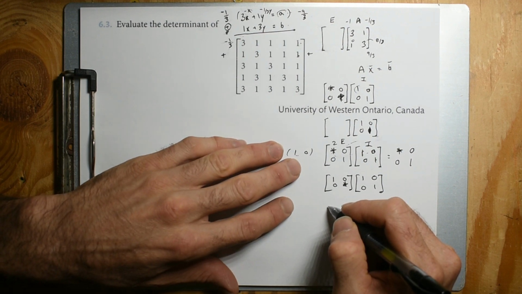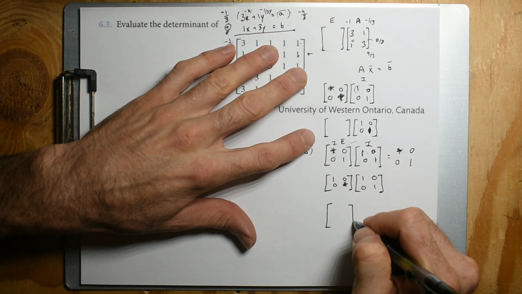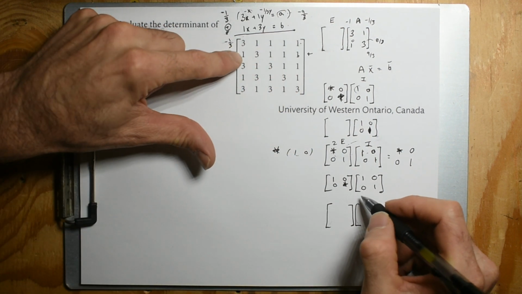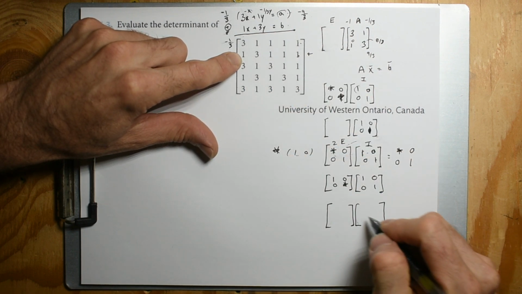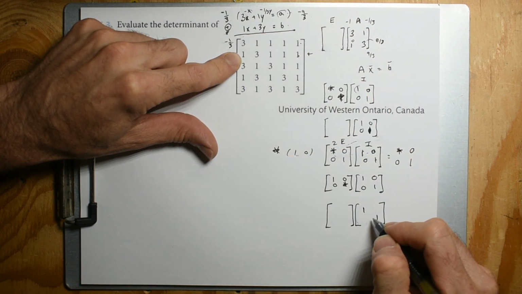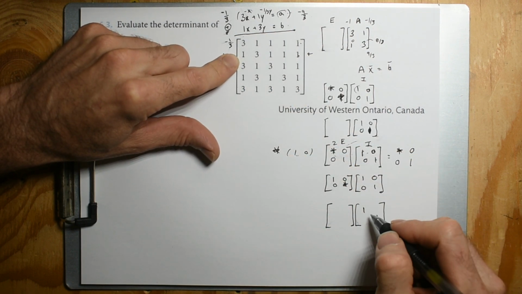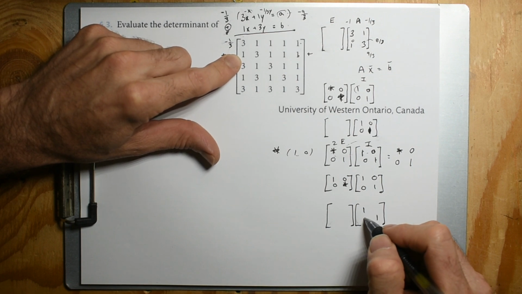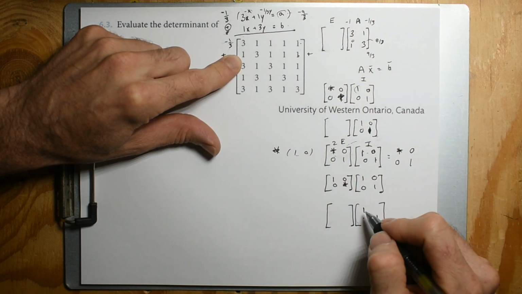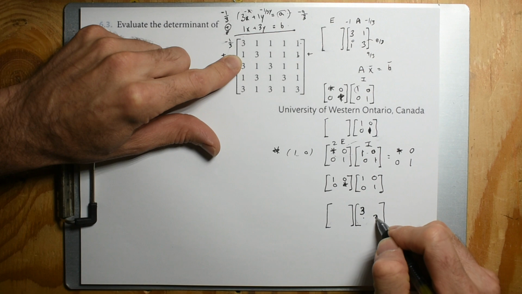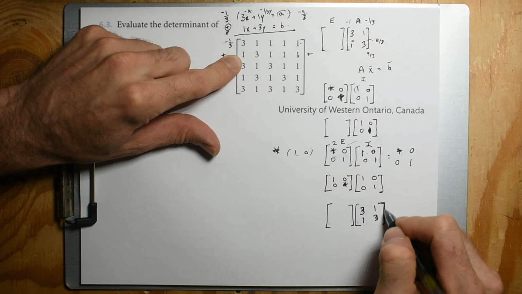The other one is the one that we're going to try to do to get a 0 there. So let's set this up like we have this. So we have 3, 3, 1, 1.